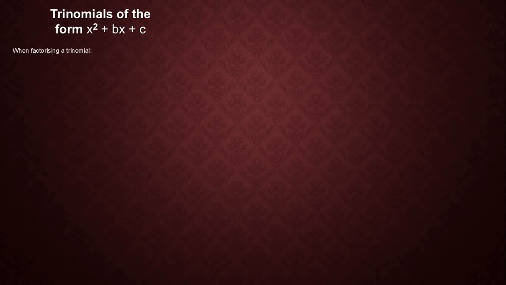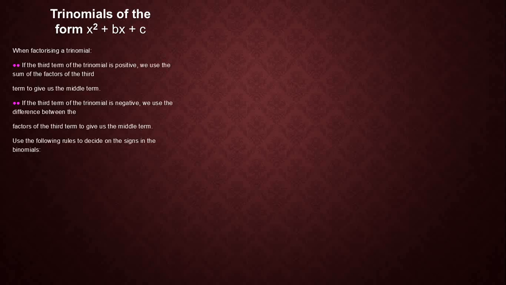The next thing that we're going to look at on the ways to factorize is trinomials of the form x² + bx + c. When factorizing a trinomial, if the third term is positive, we use the sum of the factors of the third term to give us the middle term.